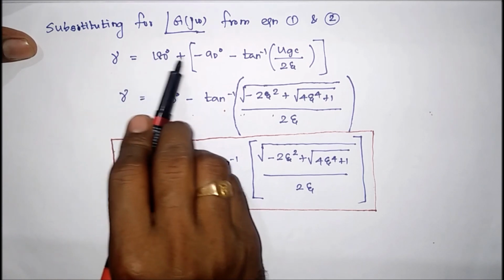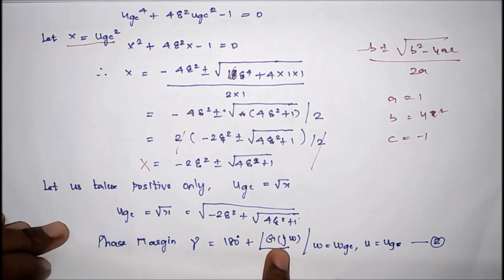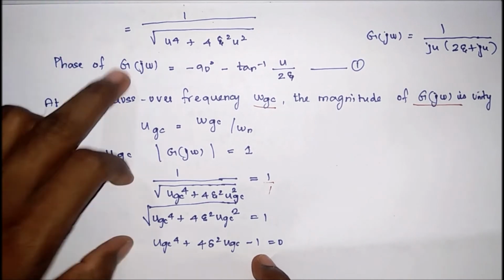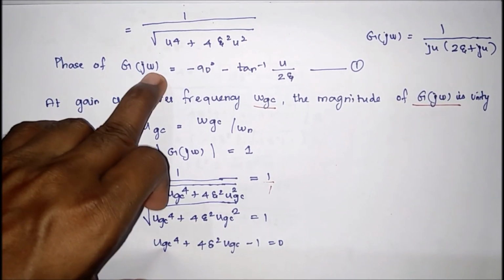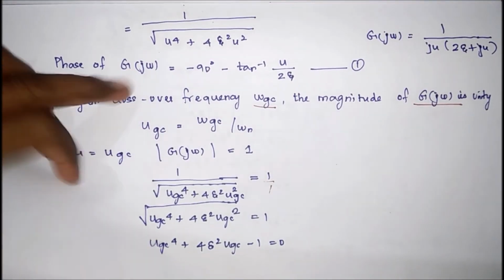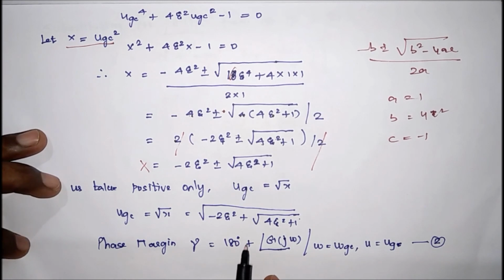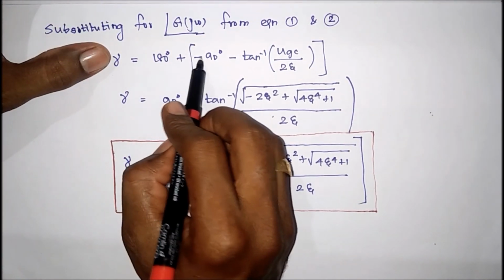So phase margin equals 180 degree plus the angle of G(jω), which we already calculated. Now we have to substitute this angle into this equation. It will become 180 degree plus minus 90 minus tan inverse of u_gc divided by 2 eta.